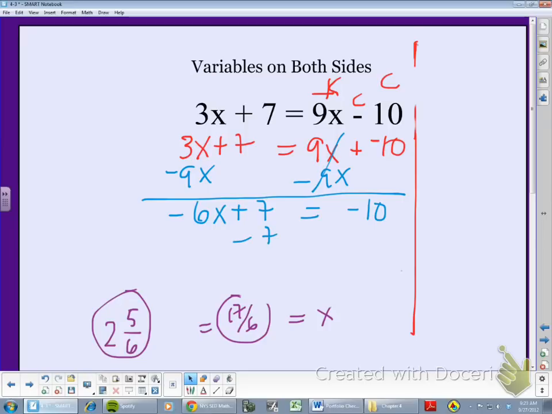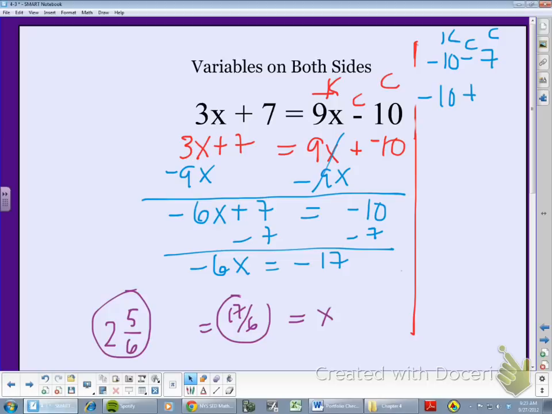And now if we subtract 7 from both sides, we would get negative 6x is equal to negative 17. Because remember, negative 10 minus 7, use keep, change, would be negative 10 plus negative 7, which is negative 17. All right, and look at what happens when you divide each side by negative 6.